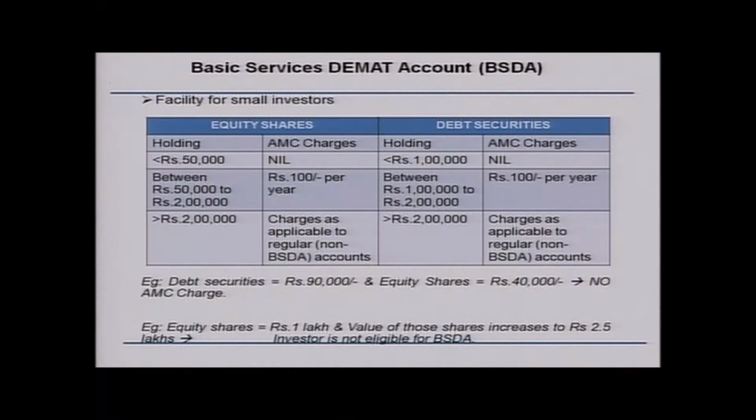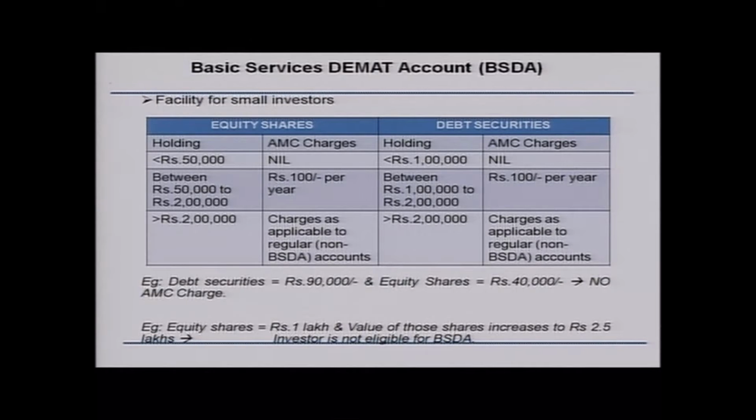If I am a new investor, or even an old investor, and I have only one demat account and have opted for the BSDA facility, and the valuation of my holding in my demat account is less than 50,000, then the DP will not be able to charge any annual maintenance charges from me.